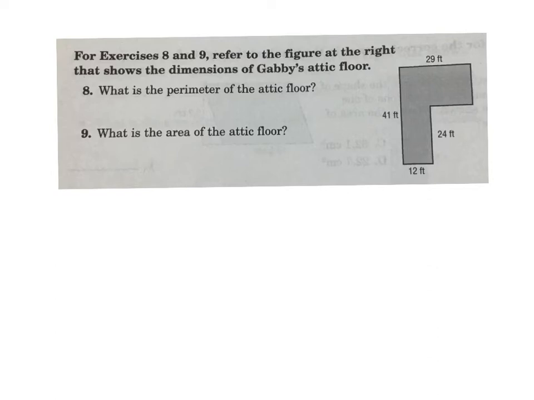Okay, now that you're back, we'll do the perimeter in red. So I know I need this length right here, plus this, plus this, plus this, plus this, plus this. So this right here is 24. This right here is 12. This right here is 41. This is 29.